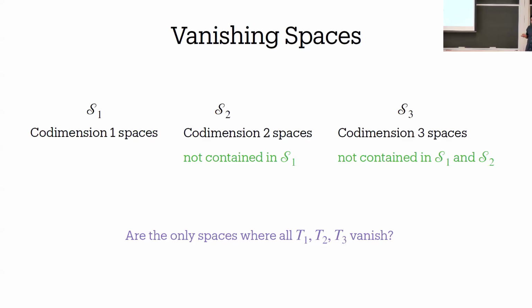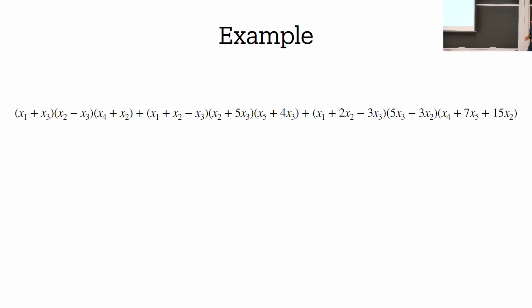But are those the only spaces that happen to be in our set? Well, consider this polynomial. It does look fancy, but it's just a top fan-in 3 depth 3 circuit. It's just a product of 3 linear forms in each gate. And what we are going to do is go mod x2 minus x3. So x2 minus x3 does not happen to be in any of the gates.